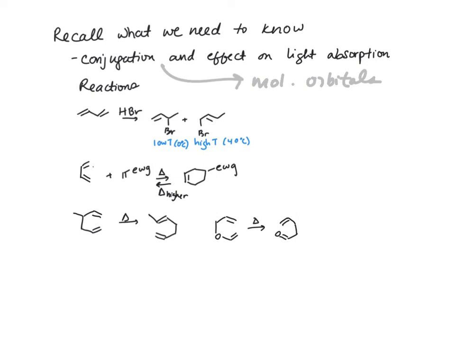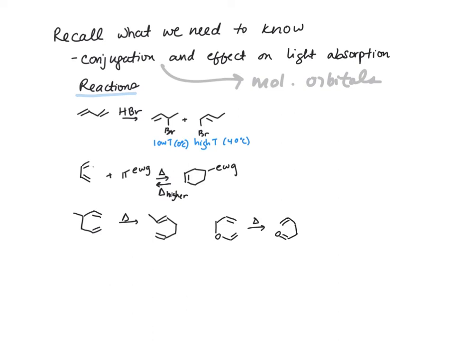We need to know our reactions, including the conjugate addition of hydrobromic and hydrochloric acid to a conjugated diene, keeping in mind that we have no rearrangement or minimal rearrangement at lower temperatures, and at higher temperatures we get the conjugate addition product.